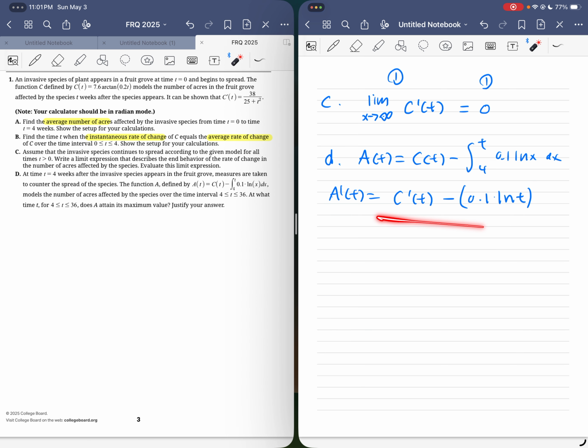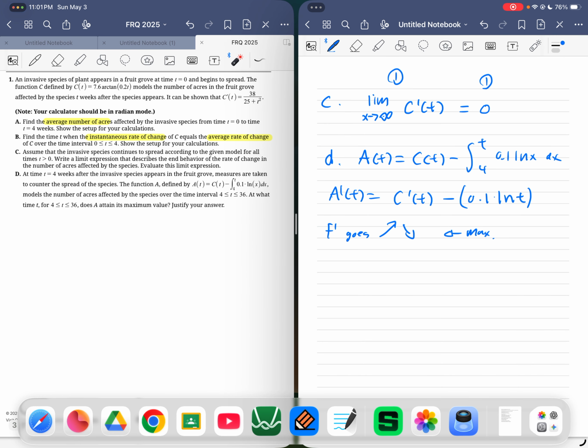The only thing we have to do is put this into the calculator, because you want to know when you're going to have a maximum value. A maximum happens when the derivative goes from positive to negative. So in this case I have to use A prime of t.